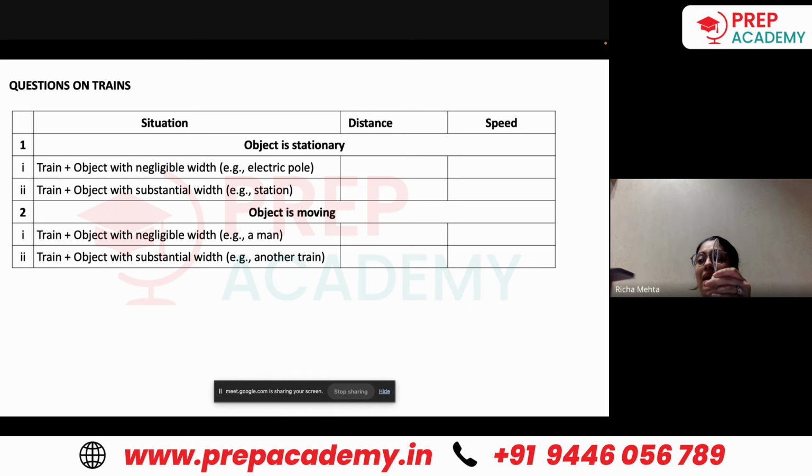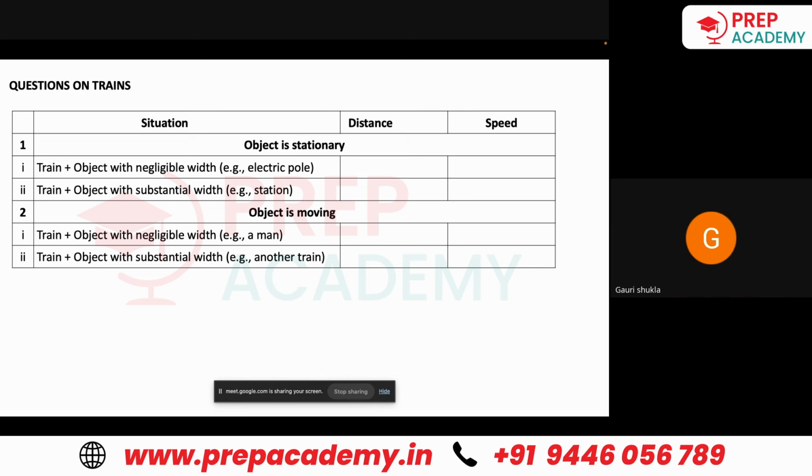When I say pass the pole, the time taken starts at this moment and ends at this moment. So to find this time, what speed and distance will you consider? Distance will be the length of the train and speed will be the speed at which the train is traveling.